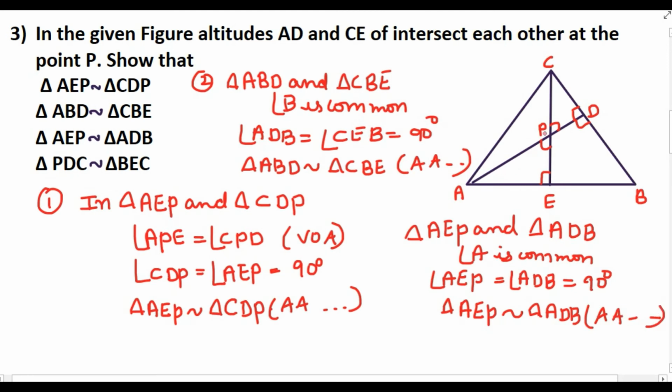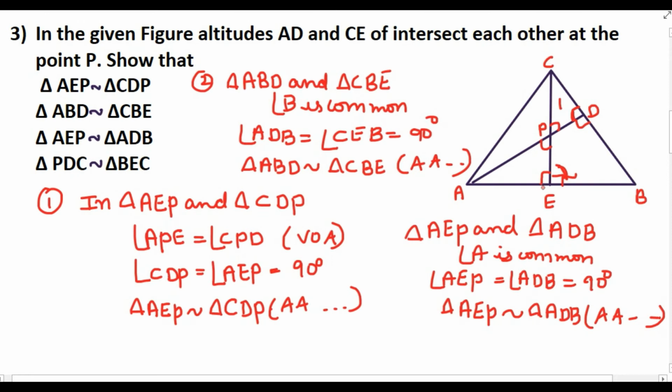And finally the last one, PDC and BEC. So this full triangle, we can give this as equation number 1. In this case, angle C is common, and again we have PDC, this angle is 90 degrees, and BEC, this angle will be 90 degrees.